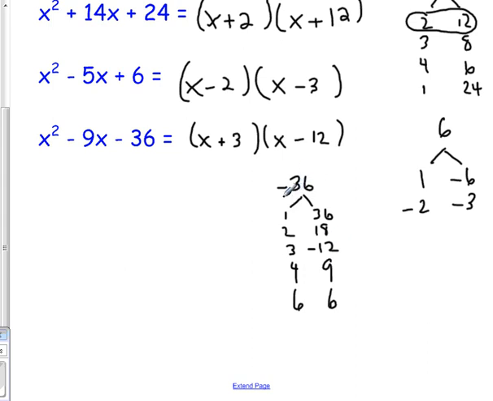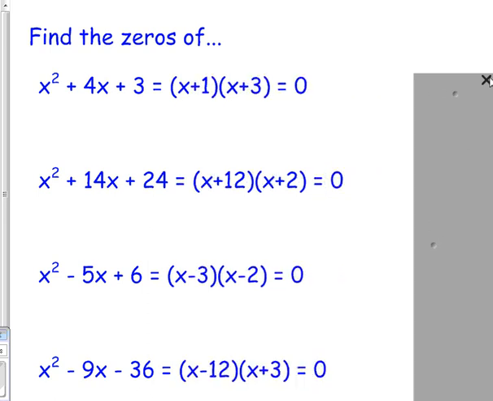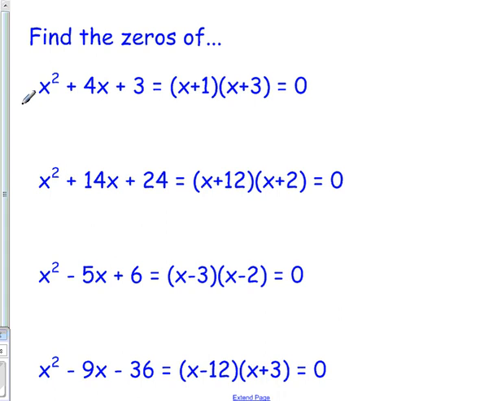Okay, so the other part, why do we factor it? Well, factoring tells us what the answers are if it's equal to 0. So you'll often see, find the zeros of this. What they're saying is, figure out when that equation equals 0. So we already factored these. I just wrote down the answers here. It says, when is this equal to 0?